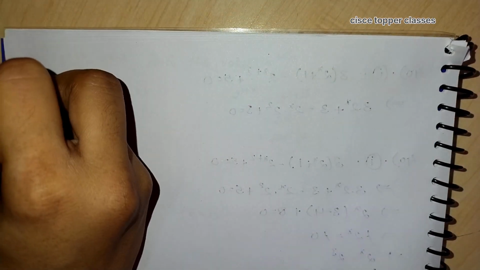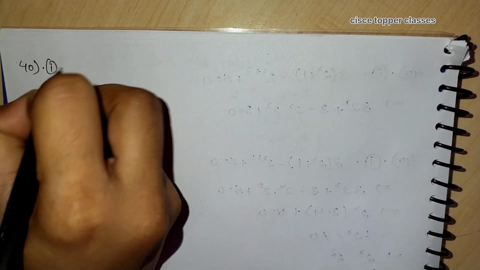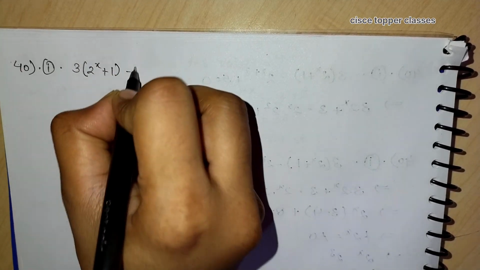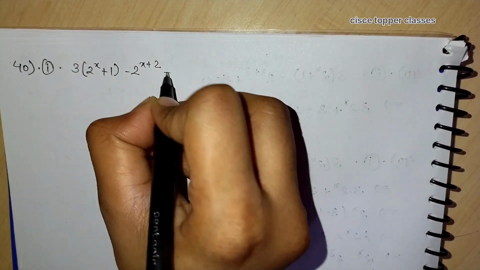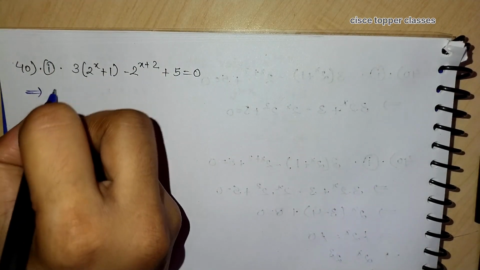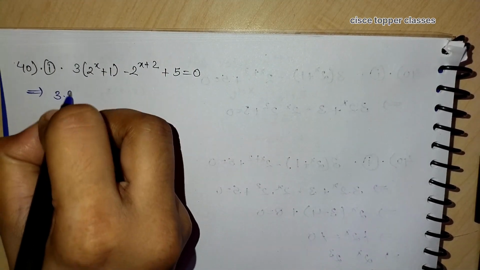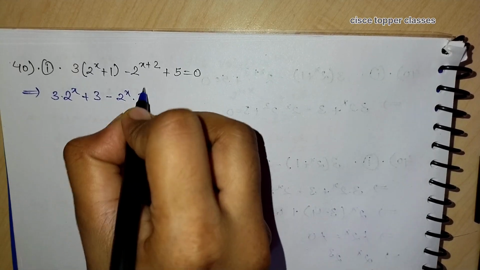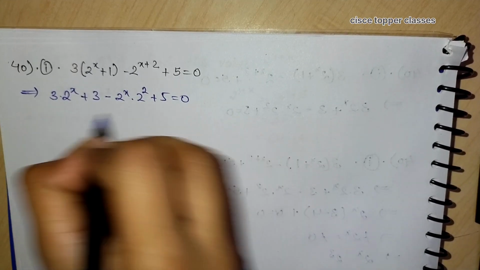Now let us solve here the 41st part, in which we have to solve the equation. So it is 3 into 2x plus 1 minus 2x plus 2 plus 5 equal to 0. So firstly, we will multiply this. So 3 into 2x plus 3 minus 2x into 2 की power 2 plus 5 equal to 0.